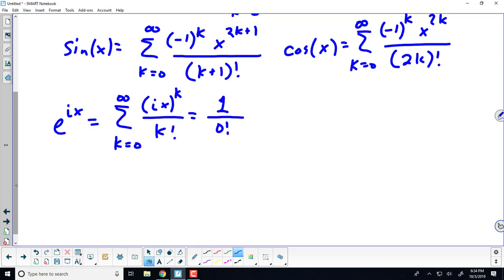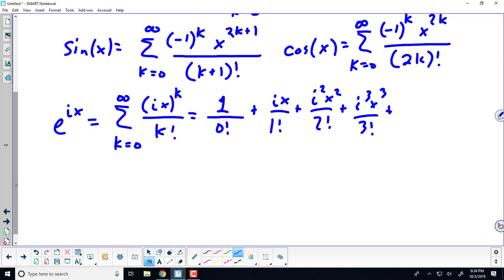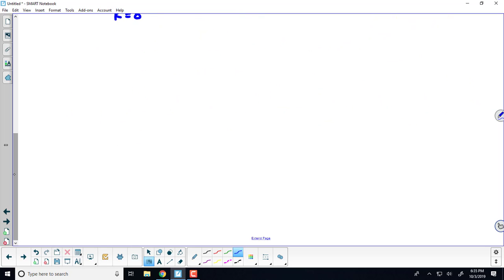Plus ix over 1 factorial, plus i squared x squared over 2 factorial, plus i cubed x cubed over 3 factorial, plus i to the 4th x to the 4th over 4 factorial, plus i to the 5th x to the 5th over 5 factorial, plus and so on. That's the first 6 terms.